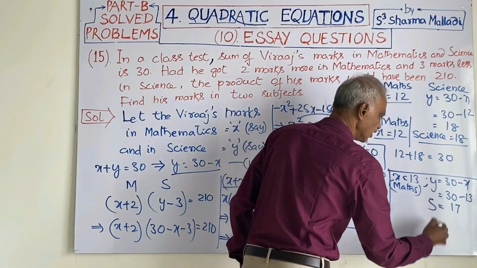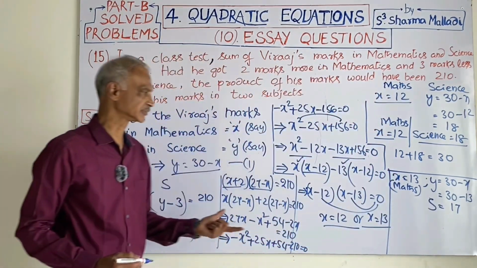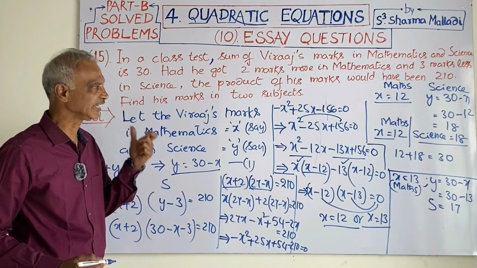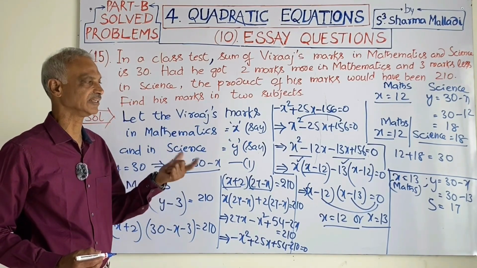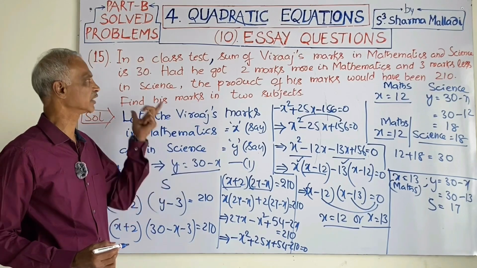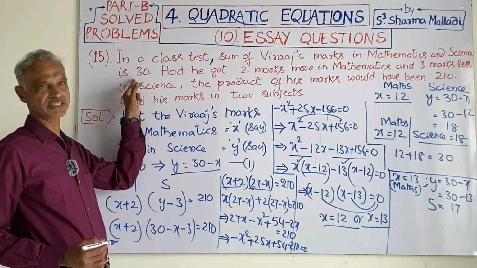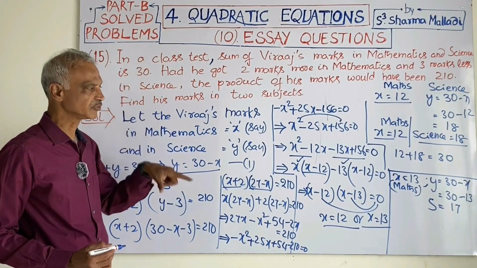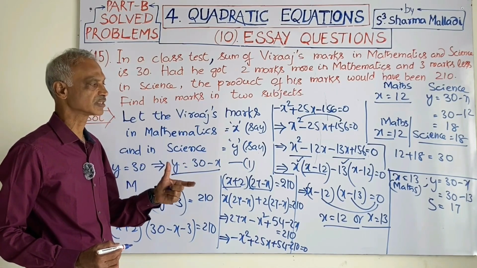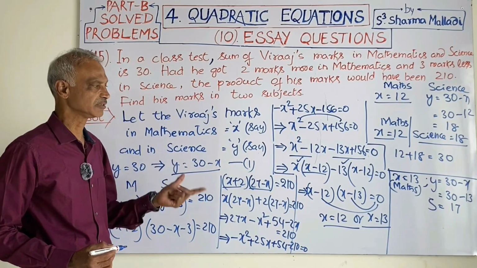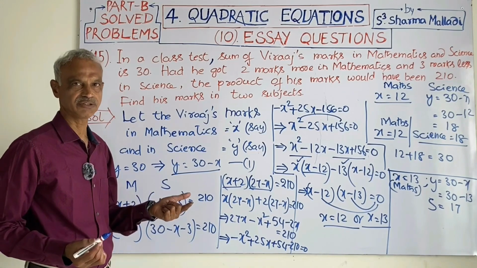In science he got 17 marks. In maths, if you take x is equal to 12, science marks will be 18. 12 plus 18, 30. Okay. Total marks of Virat is 30. If you take x is equal to 13, what is the science marks? You got 17. 13 plus 17, 30 you got.